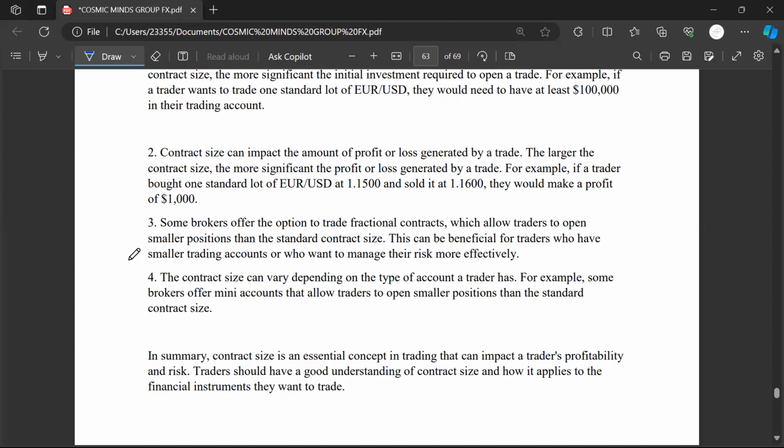Now, point 4: the contract size can vary depending on the type of account. You can find this in point 3. For example, some brokers offer mini accounts that allow traders to open smaller positions than the standard contract size. This is very true. When you are opening a real account, there are different types of real accounts that you can trade.